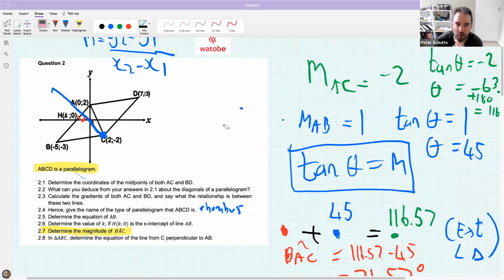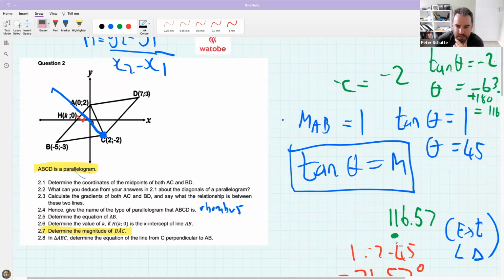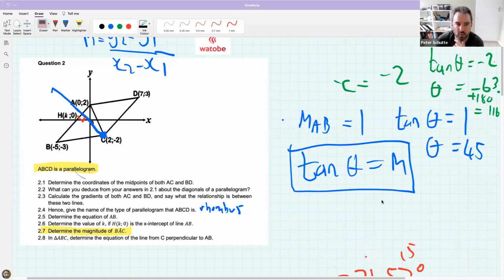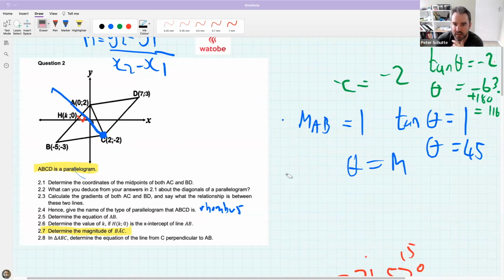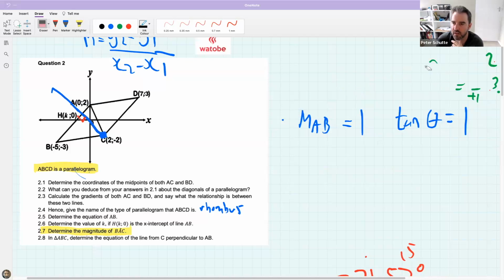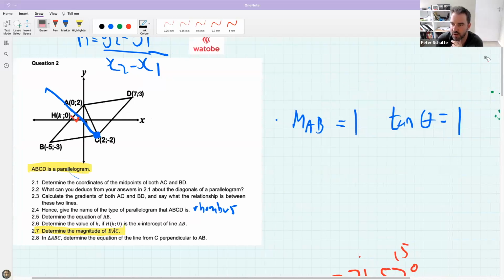Now, we do know from earlier in the lesson that the gradient of AB was 1. So can you use the fact that you know the gradient of AB, you know the blue line is perpendicular to that line, can you figure out what the equation of the blue line is? I want you to try and do that.